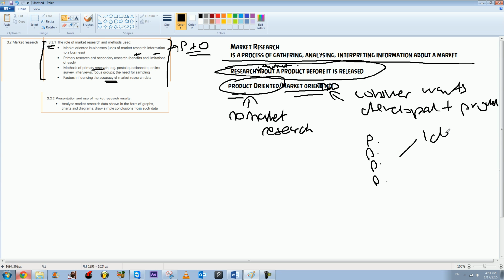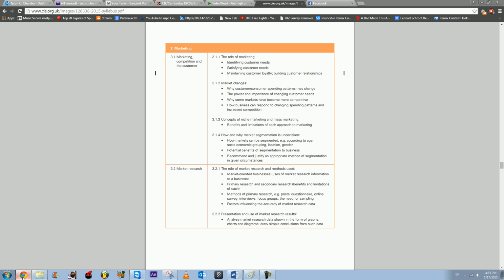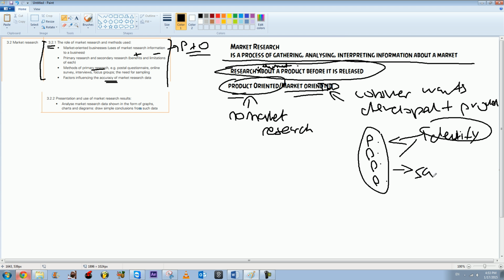You have to identify what customers want for these four. Identify and satisfy.